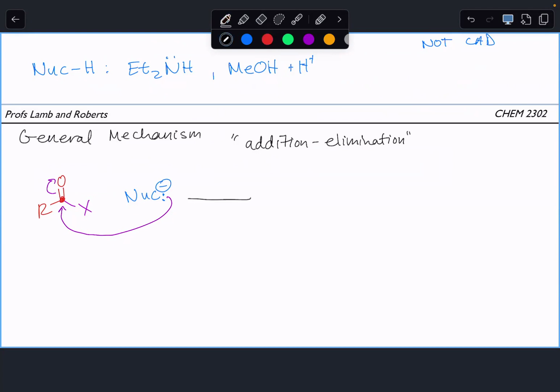This is our addition step because we've added the nucleophile. What does that give us? Our X group is still attached and our nucleophile is also attached. So that carbonyl carbon is right here.